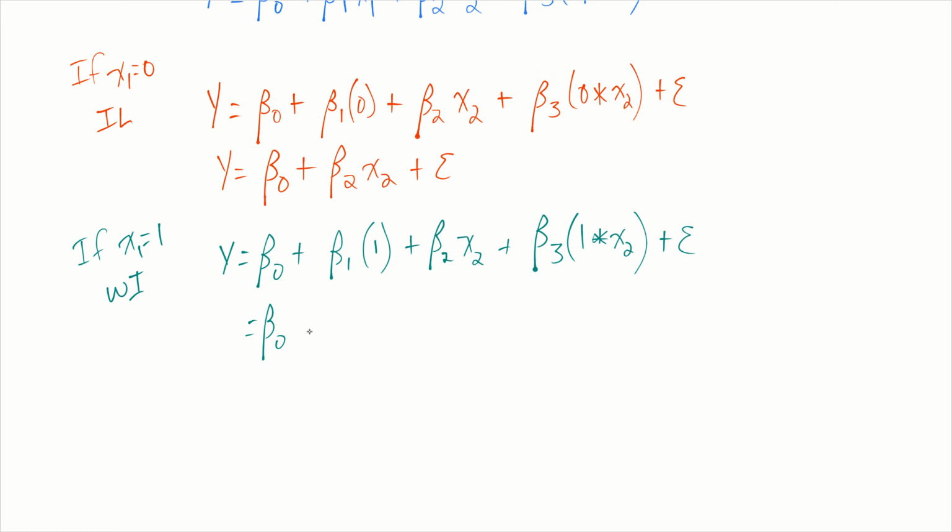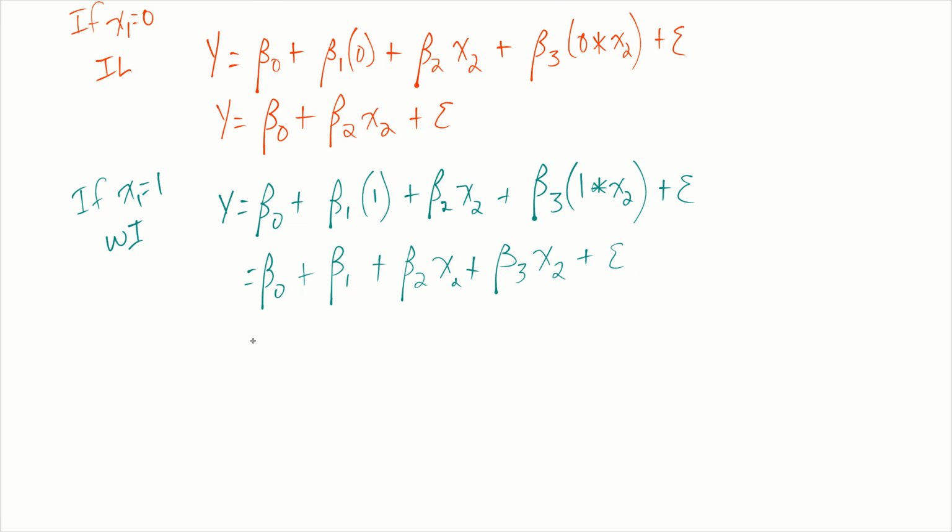Simplify this a little bit: beta naught plus beta 1 plus beta 2 x2 plus beta 3 times x2 plus epsilon. Let's simplify this a little bit more. Beta naught plus beta 1 plus, now both of these terms are being multiplied by x2, so we can pull that out, and we get beta 2 plus beta 3 times x2 plus epsilon.